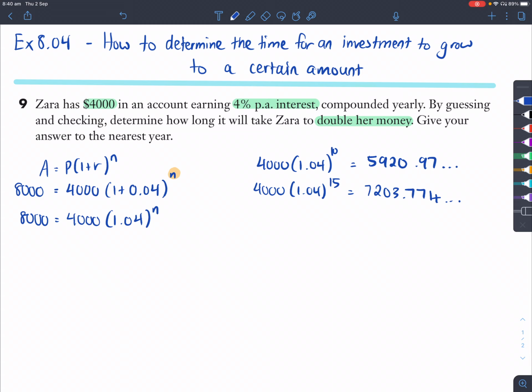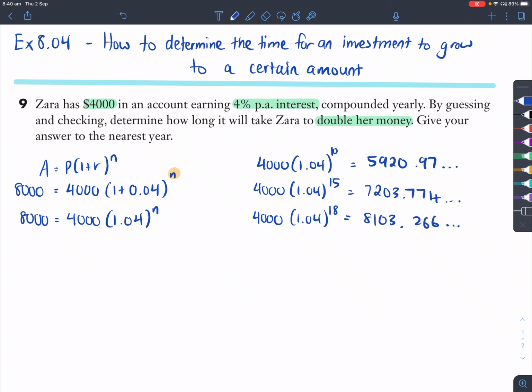Then all I'm going to do on my calculator now is increase the value a little bit. If I make it to the power of 16, it gives me 7,400 something. Power of 17 gives 7,700, and power of 18 gives 8,100. That's the first number I get that is above 8,000, whereas a power of 17 still gives me something in the 7,000, so that's not correct.